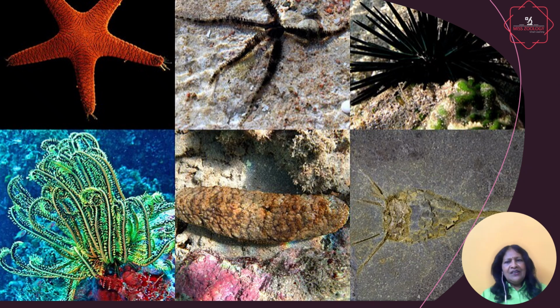On the screen are a few images of the phylum Echinodermata, starting with starfish, brittle star, sea urchin, sea lily, sea cucumber, and a fossil imprint.